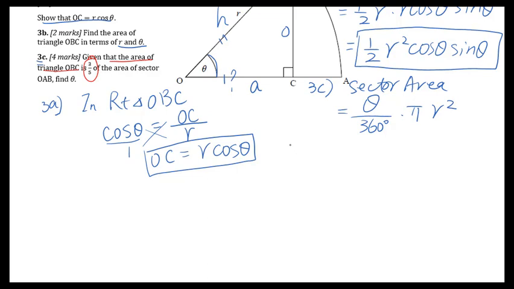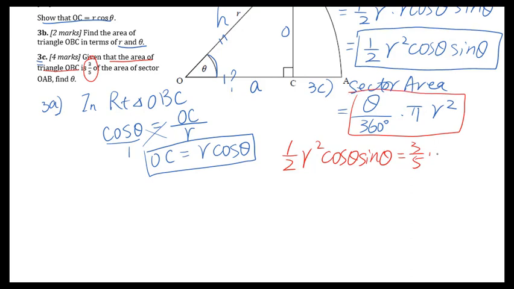I can write down that 1/2 r squared cosine theta sine theta equals 3/5 times this sector area, that's theta over 360 degrees times pi r squared. Before you look for this theta, we can reduce. This r squared is gone.